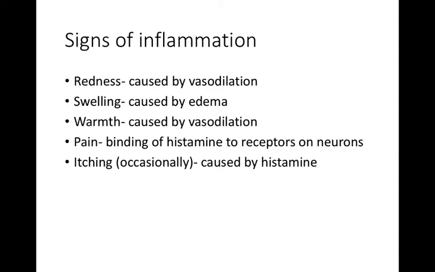And histamine can be secreted or released from eosinophils, which are another type of white blood cell, and might also be secreted by neutrophils during the course of inflammation. In broad terms, all of these different signs can be attributed to cytokines, which are secreted during the inflammation process.